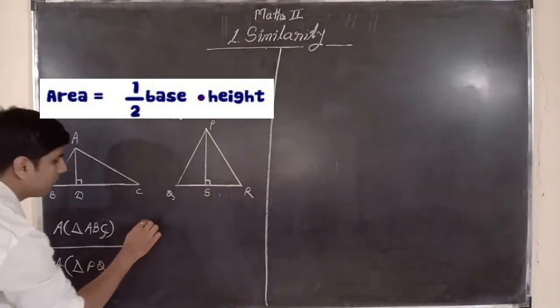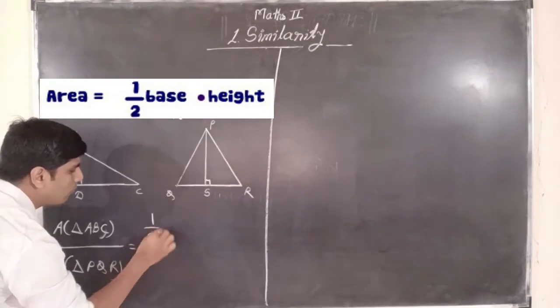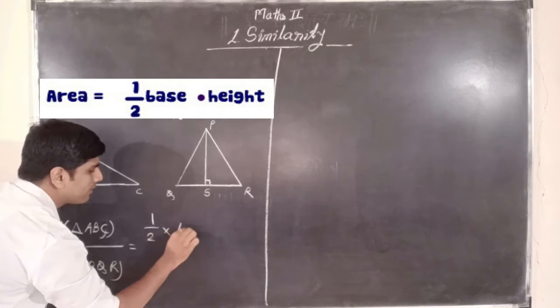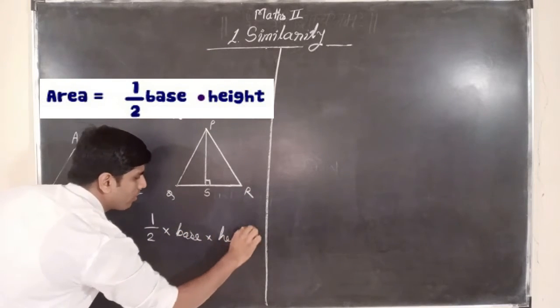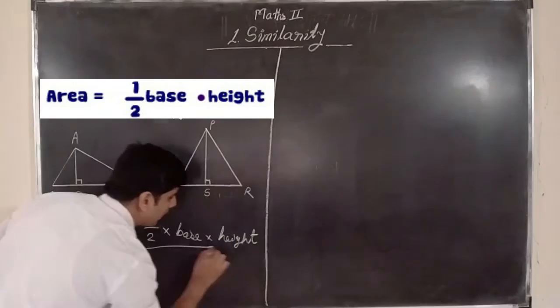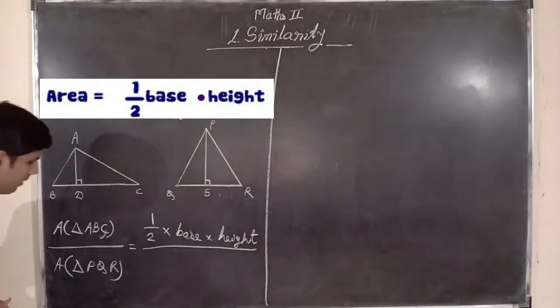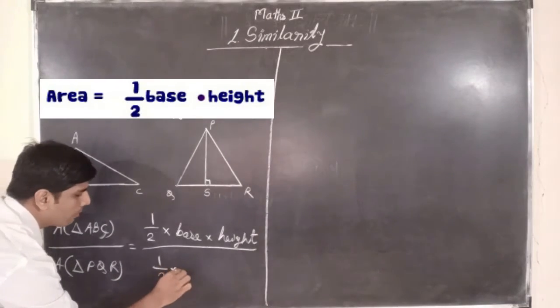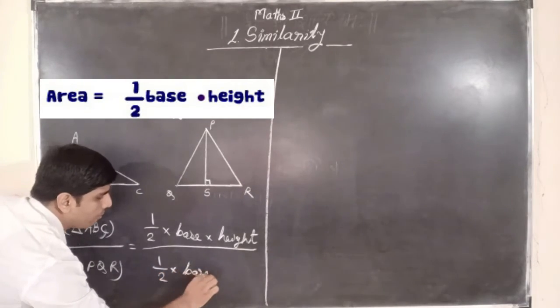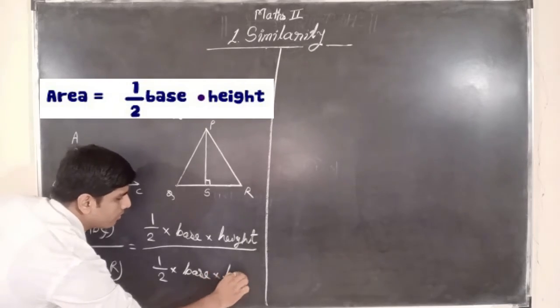We know in both cases the area of the first triangle is 1 by 2 into base into height, and the same formula applies for the second triangle. So the area of the second triangle is also 1 by 2 into base into height.